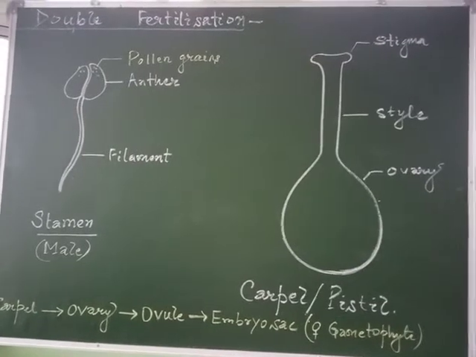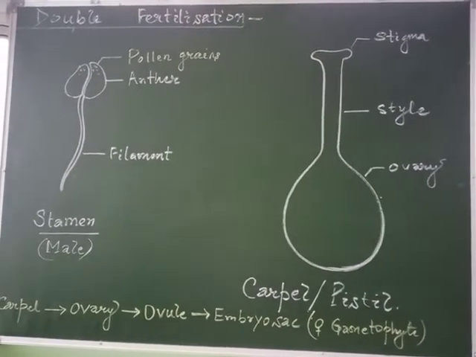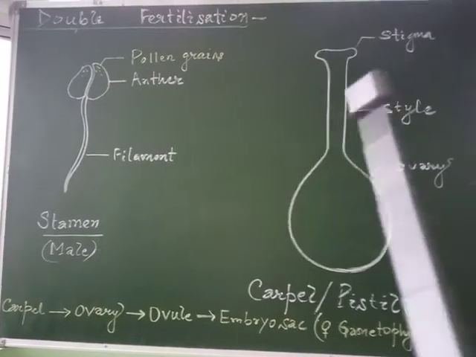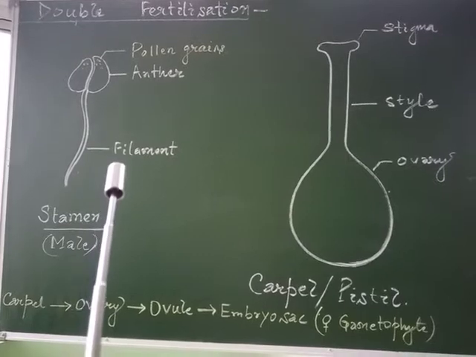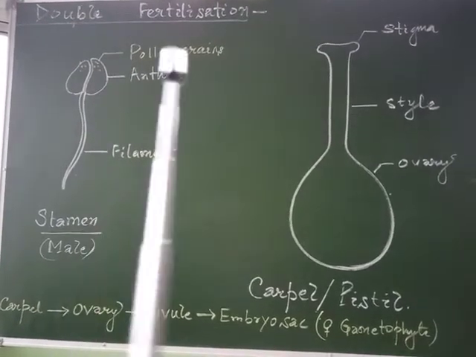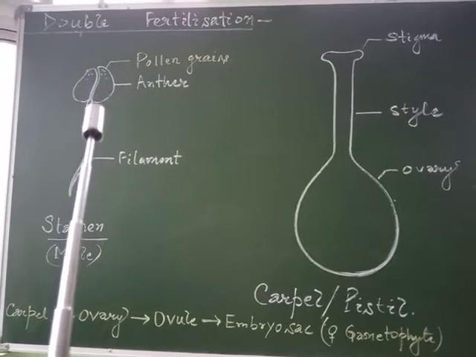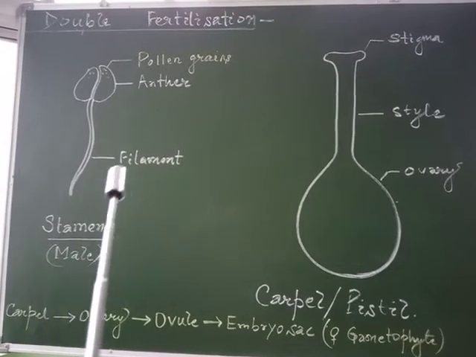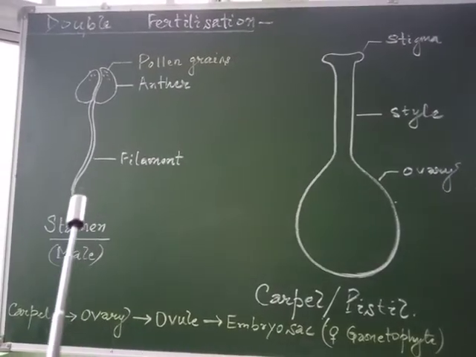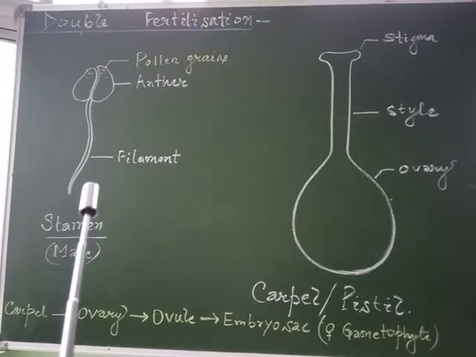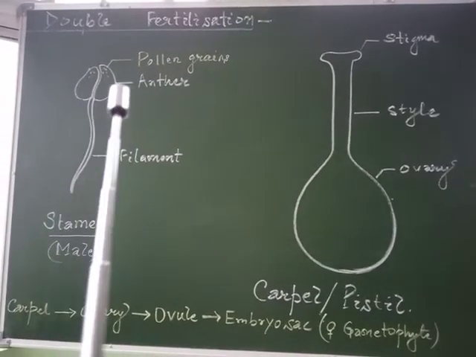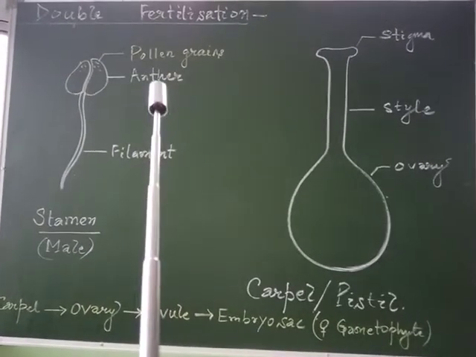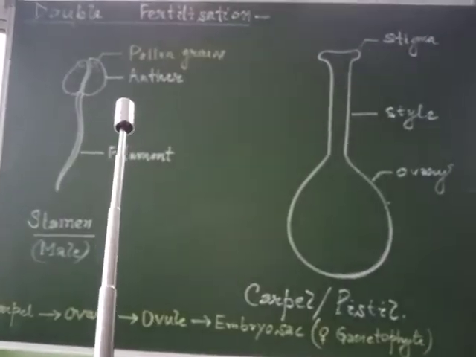Now, we'll try to understand what double fertilization is. We have discussed the male gamete, the pollen produced within the anther. The anther is attached to the base of the flower by the filament, and due to meiotic division, the pollen produced is haploid in nature.